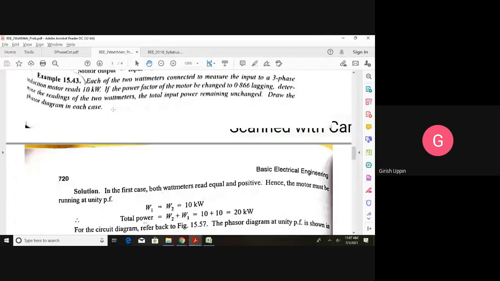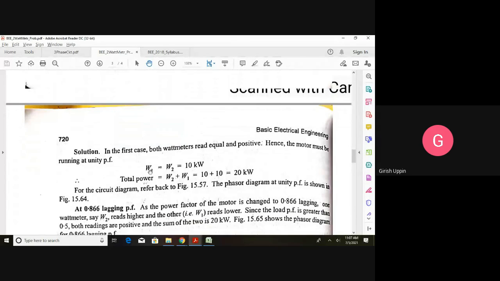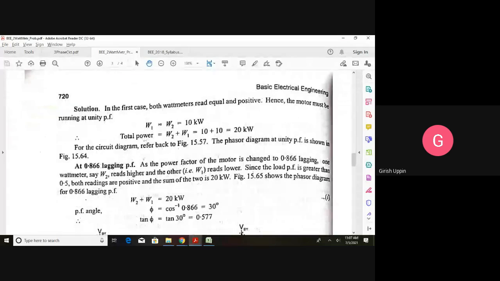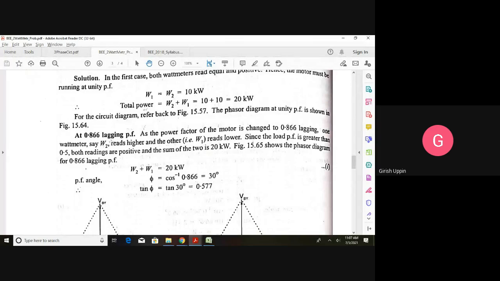In the first case, both the wattmeter readings are exactly the same. That is W1 is equal to W2 is equal to 10 kilowatt. So what would be the total power? W2 plus W1 is equal to 20 kilowatt. Now in the second scenario, the first scenario there is no issue. In the second scenario, the power factor is changed to 0.866 lagging, right? And the total power remains exactly the same.